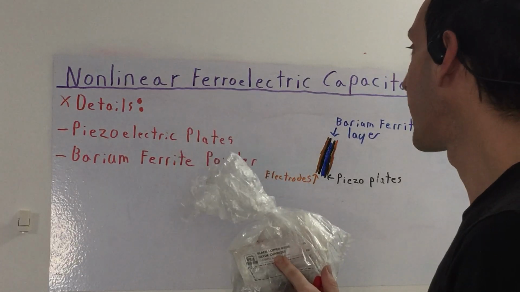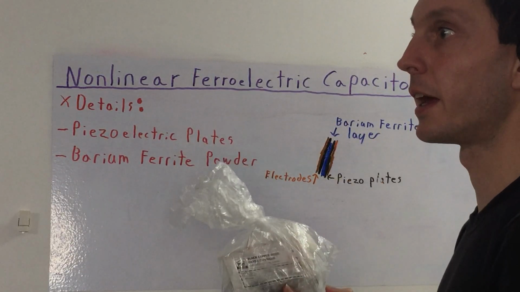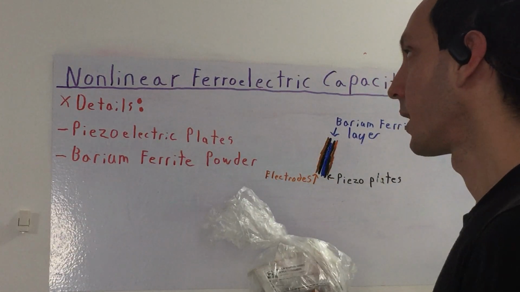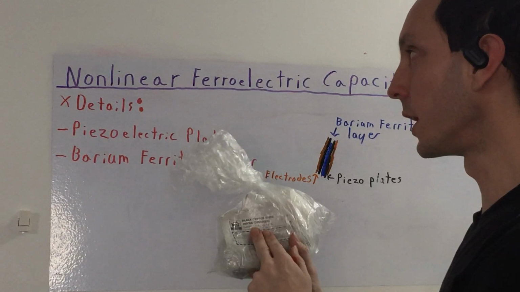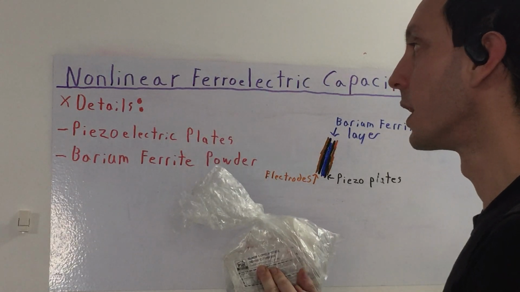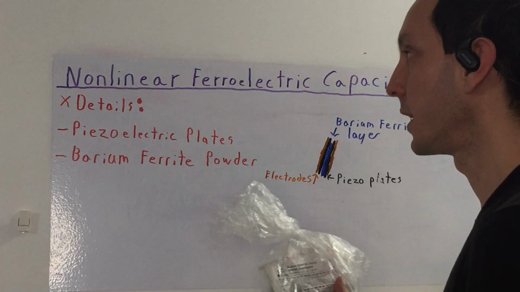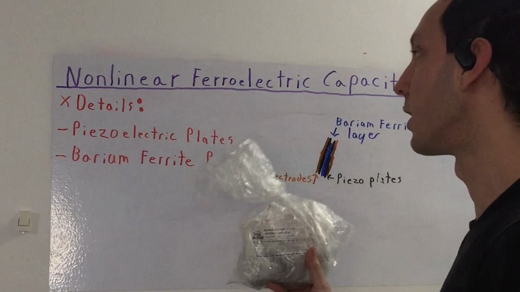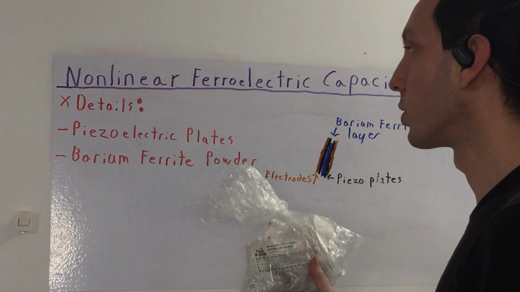So again, I ran out of parts to finish this, and I hope that I sparked an interest. And if anyone wants to donate the rest of what I need, I never got the barium ferrite, I never got the piezoelectric plates, unfortunately, and no one's fault, obviously, but that's just the way it is.